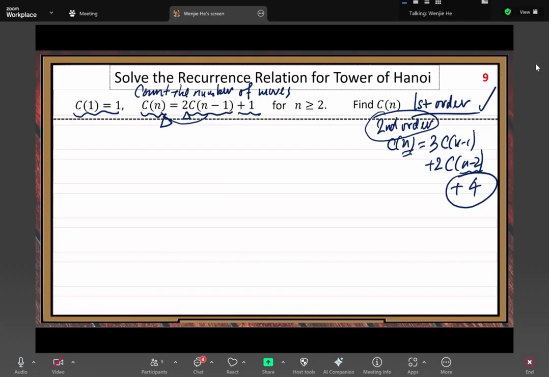Let's recall our old strategy. When we solve a problem, we want to simplify the problem first, right? We want to solve a simplified version.